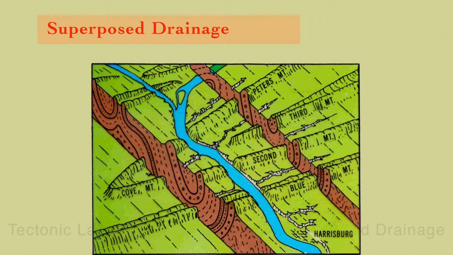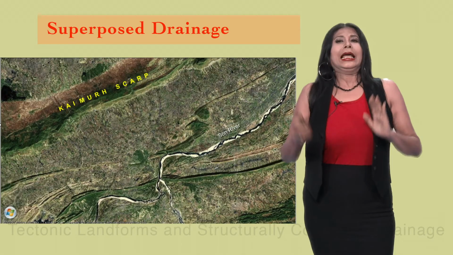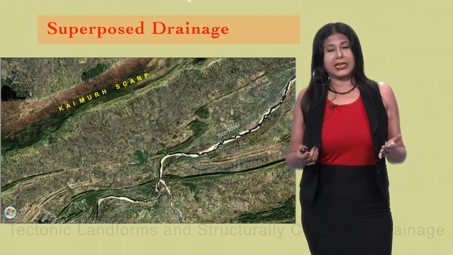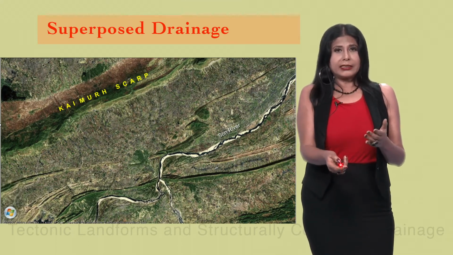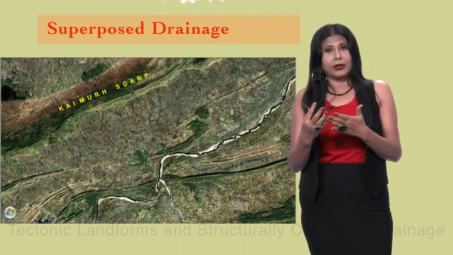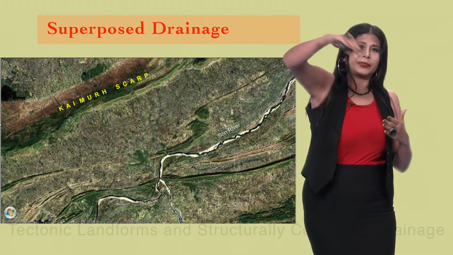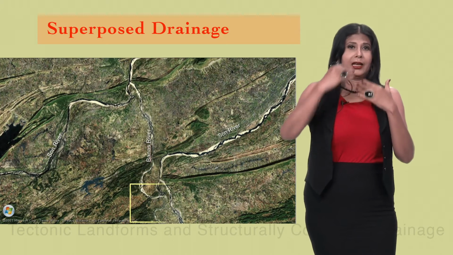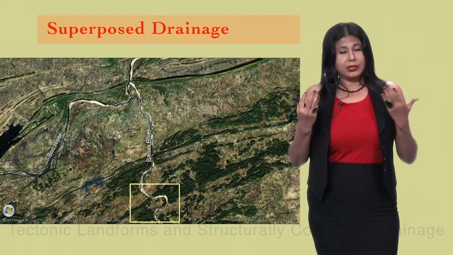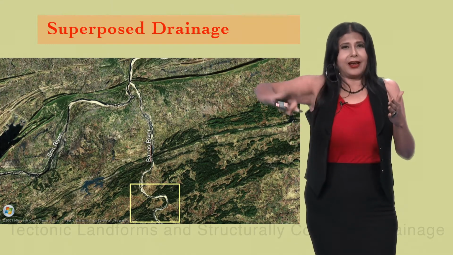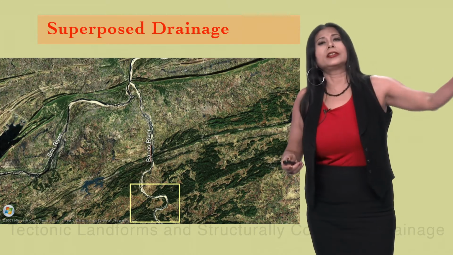Over that there was deposition, which created a flat area over which the river has taken its origin. Later on in due course of time, because it is composed of hard and soft rock, as the erosion is proceeding, the hard areas are coming up as mountains or ridges, and the softer area is eroded, and the river is still undercutting.